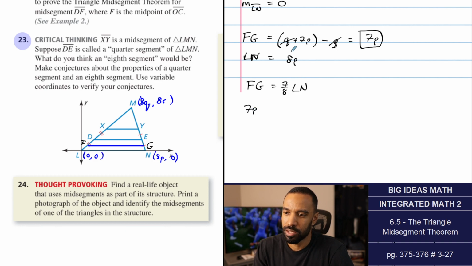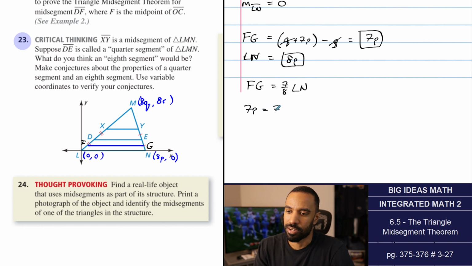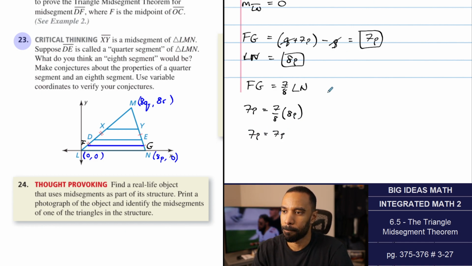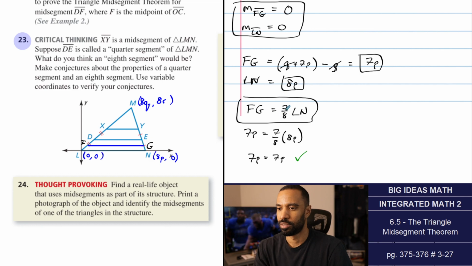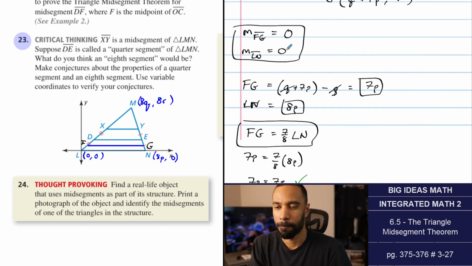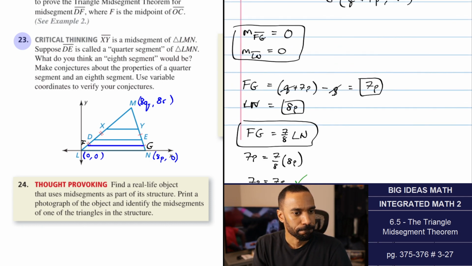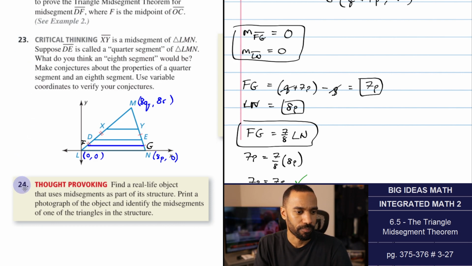Well, 7P is 7/8 the length of 8P. And yeah, 7P is 7P. That one checks out. Therefore, that one also holds up. So parallel and that. Verified. All right, let's keep moving forward.